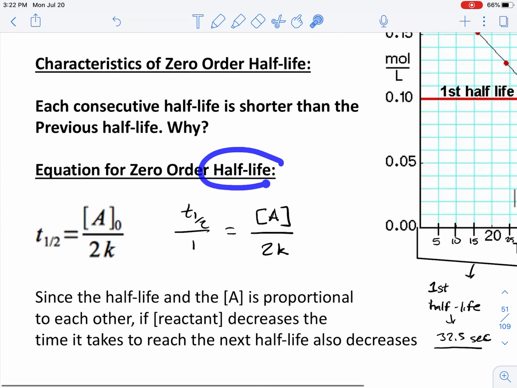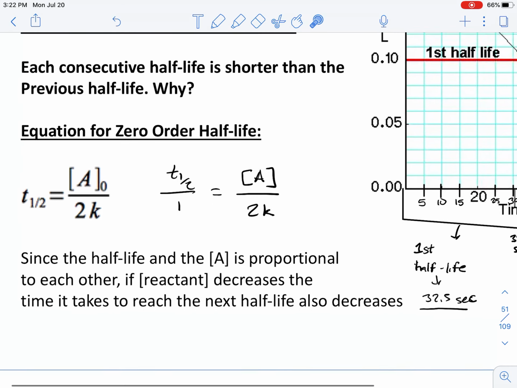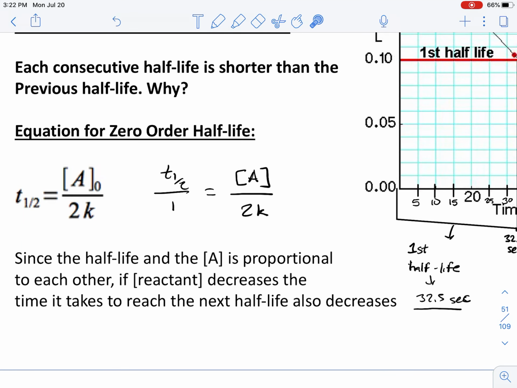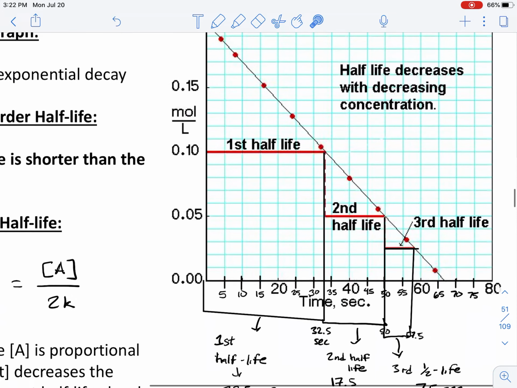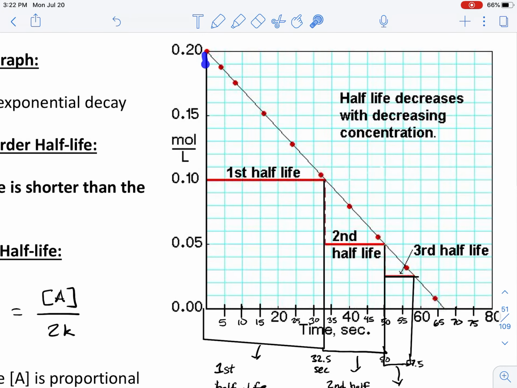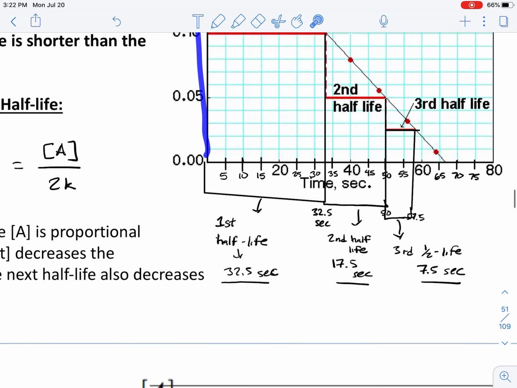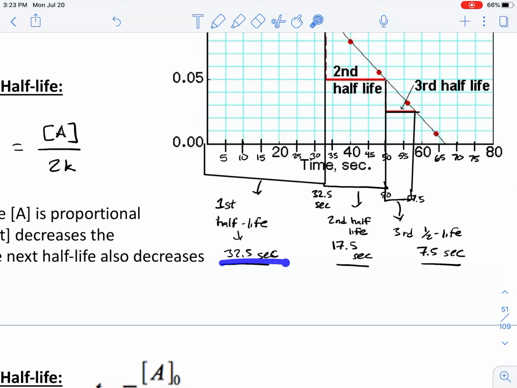So the half-life for zero order is still dependent on the concentration of reactant A. Since the relationship between half-life and concentration of A is proportional, if the concentration of the reactant decreases, the half-life also decreases, which is what was observed here. Notice how as the concentration decreases, the amount of time it takes for the concentration to reach half of its original value is also decreasing.